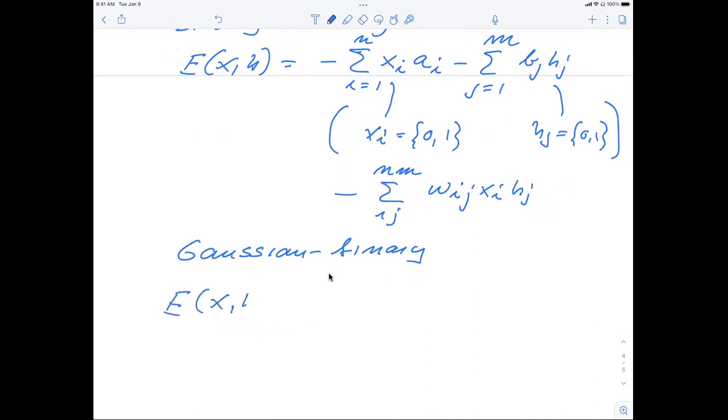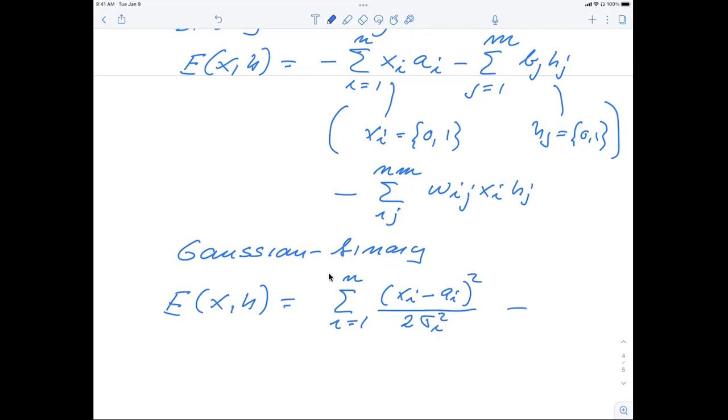So the Gaussian binary neural network, let me just put this up properly here. E of x and h is given by a sum over i equal 1 up to m. And then we have x_i minus a parameter a_i, which now represents the bias. So this a is a parameter which we need to train. You can have a variance here, but normally this variance is put to 1 in most applications.